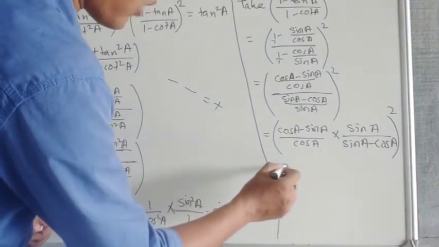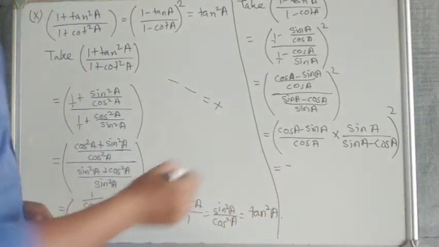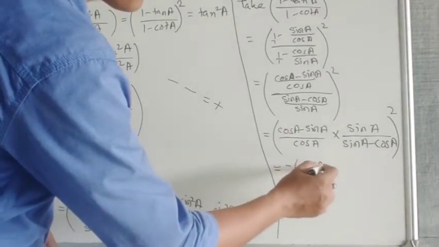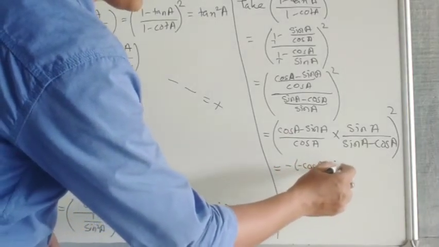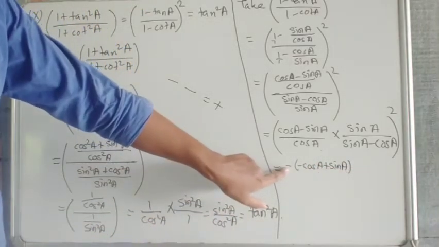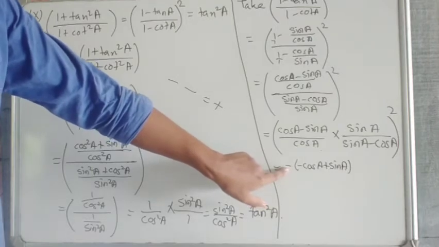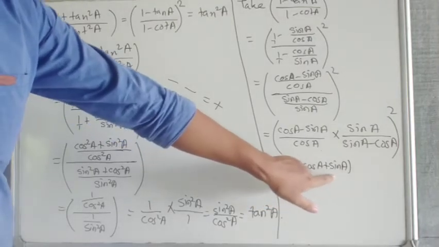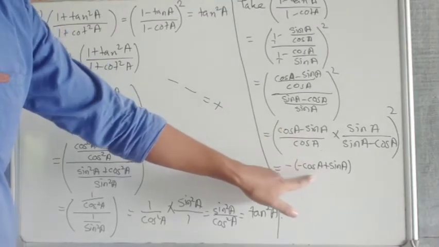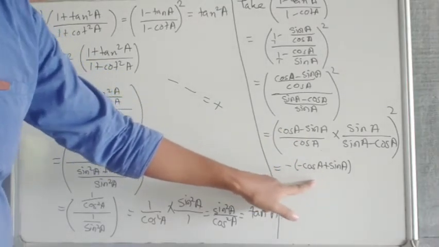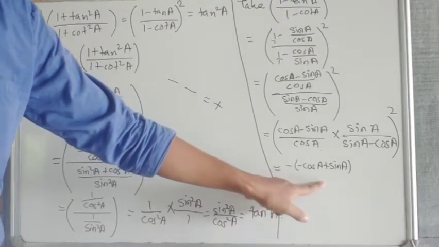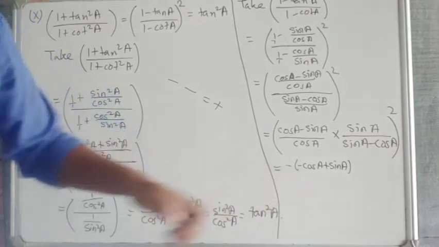What I will do is take 1 minus outside, and put 1 minus inside: minus cos A plus sin A. Why I will do that, I will explain a little later. So I put this minus extra, and because of it I put a minus inside also. So this becomes minus, this becomes plus. I don't know if you understood this part, because it is very important. In the next 2 questions we need this, how to do this minus thing.